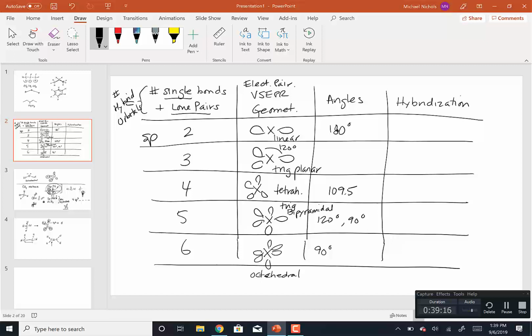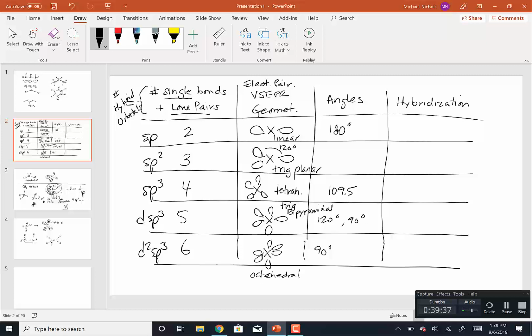Then sp2, because I have 3 orbitals, s and 2 p's. Then for 4, it's sp3. And then for 5, it's dsp3 or sp3d, and then d2sp3. Where the d's come into play, like I said, I don't think we'll make it there today.